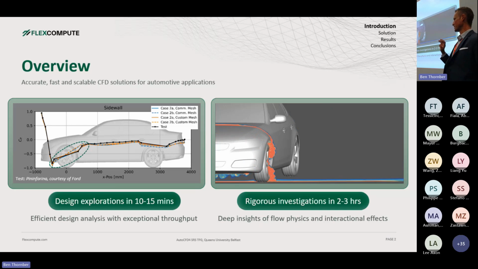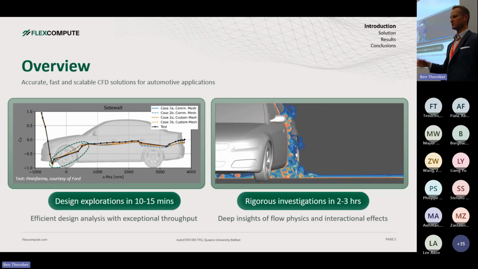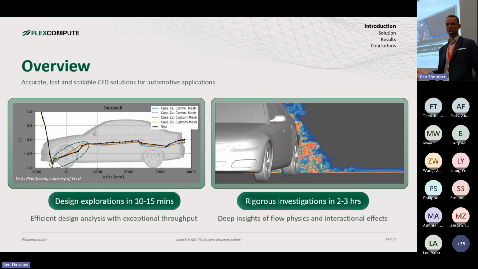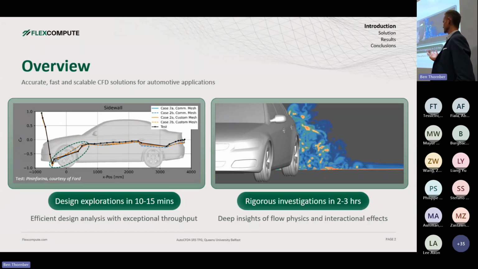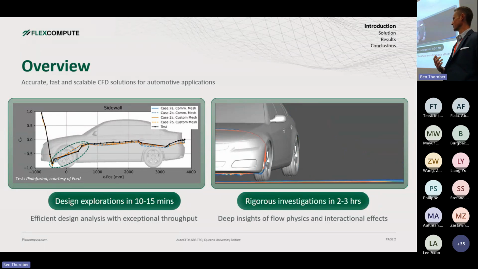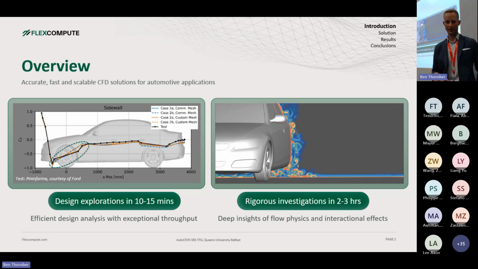So I'll talk a little bit today about both design explorations using steady simulations that are super fast, as well as more rigorous detailed studies in DDES, related back here to scale resolving simulations. On the two ends of the spectrum, we're talking about single digit to tens of minutes for these scale RANS solutions, and a few hours turnaround for the DDES results that we'll be looking at.